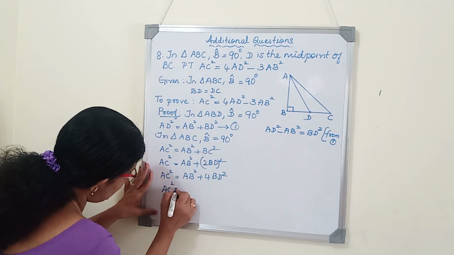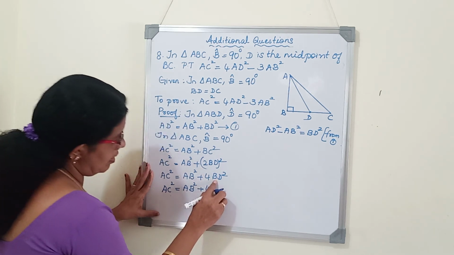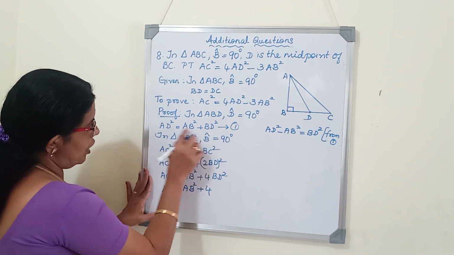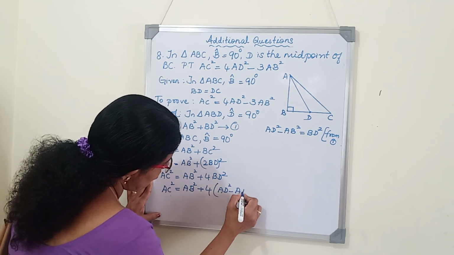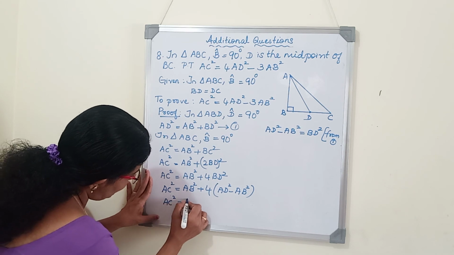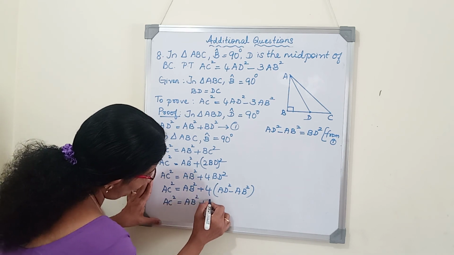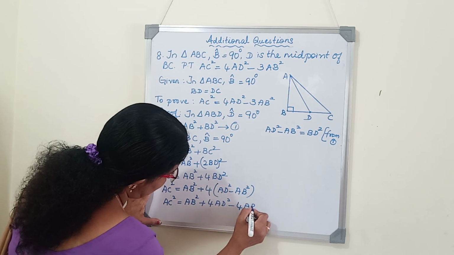So, we will write AC square equals AB square plus 4, as it is, only BD square we will change as AD square minus AB square. So, AC square equals AB square plus 4AD square minus 4AB square we will get.